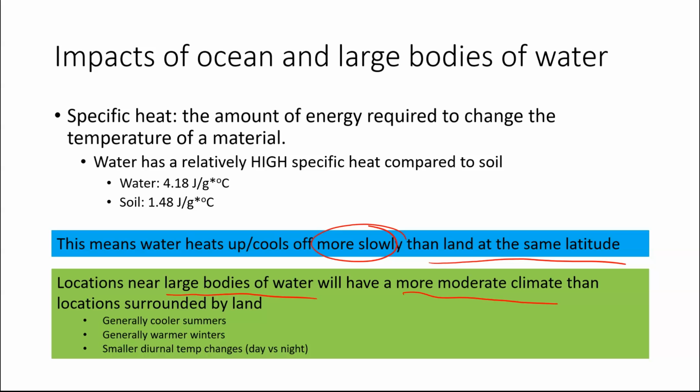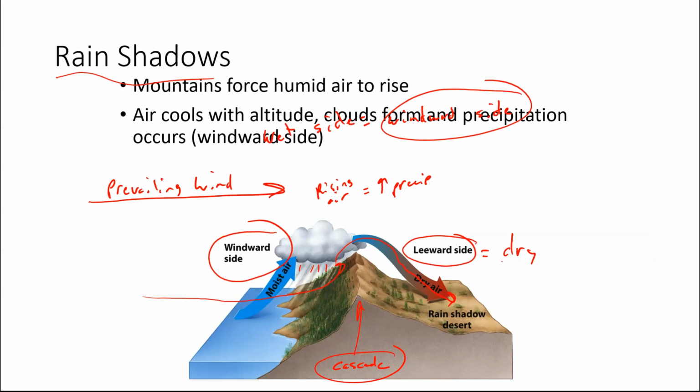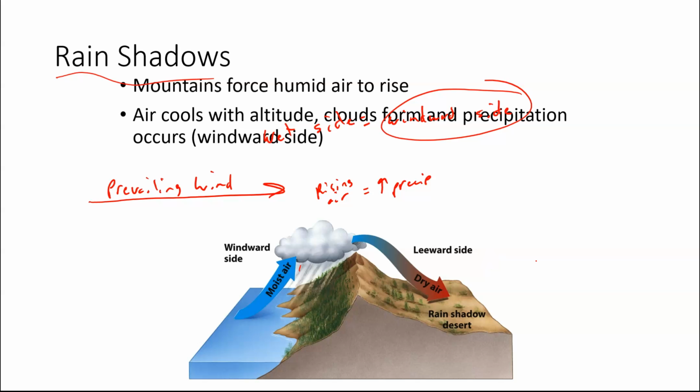Okay, so again, let's go back to Western Washington versus Eastern Washington, right? So not only do we have the Cascade Mountains separating us. Let's go back to that rain shadow page. Not only do we have the Cascade Mountains, but another really important climatic feature here is this large body of water.